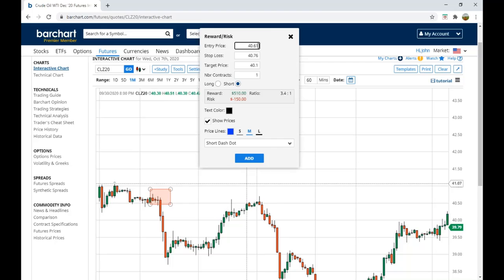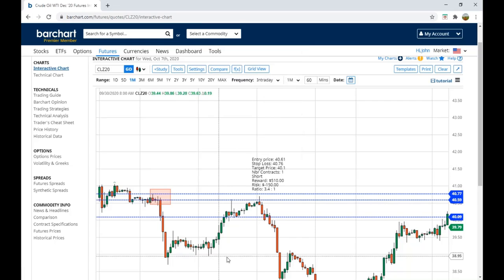The path of least resistance, right? Let me show you this one as it looks as we play it out. There's that resistance that could be concerning to me.